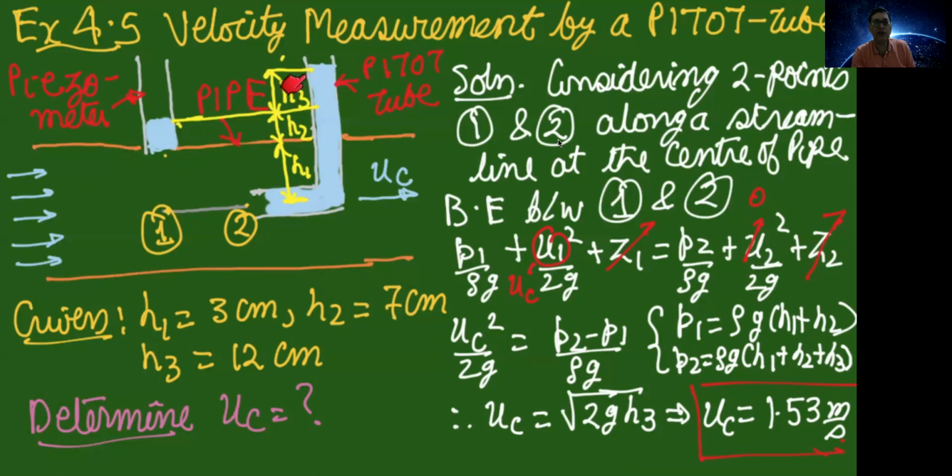So if you measure the level difference as shown here, h3 is the difference of level between the pitot tube and the piezometer. Once you measure this difference, you can measure the velocity or flow in a pipe.